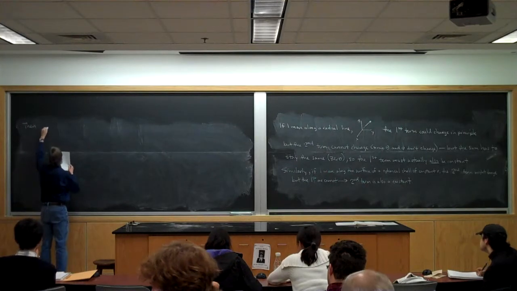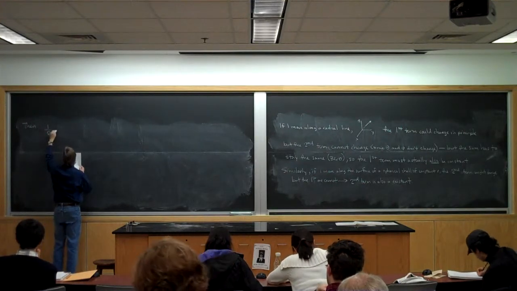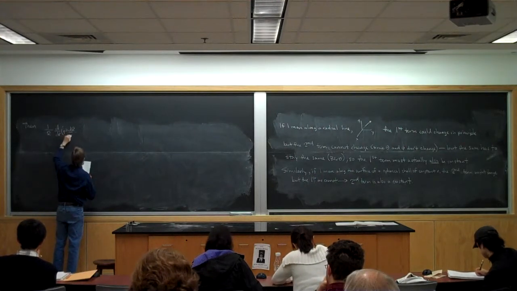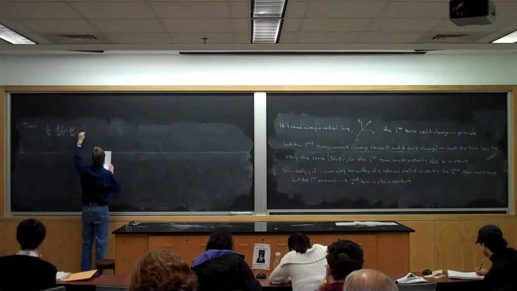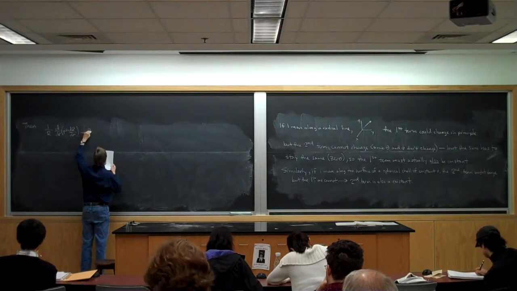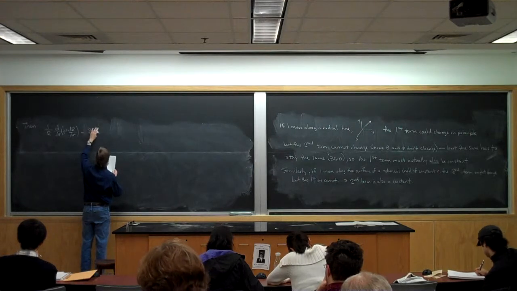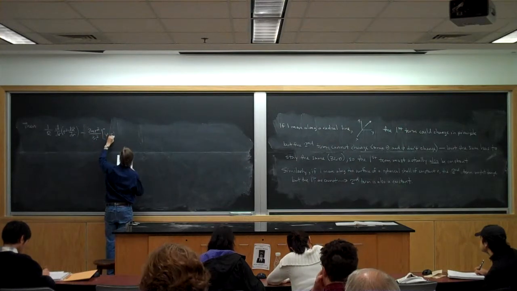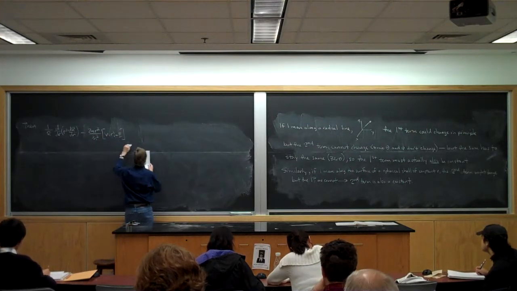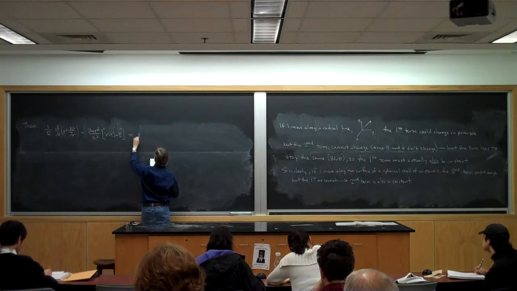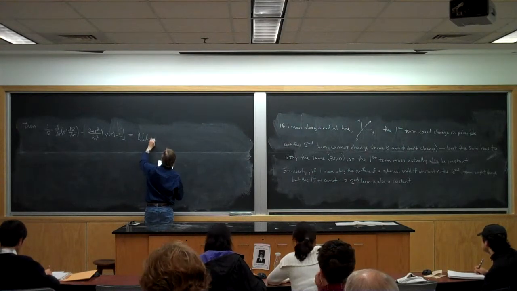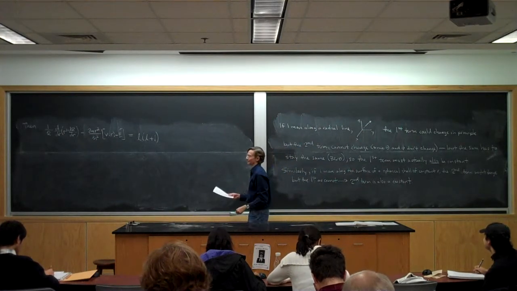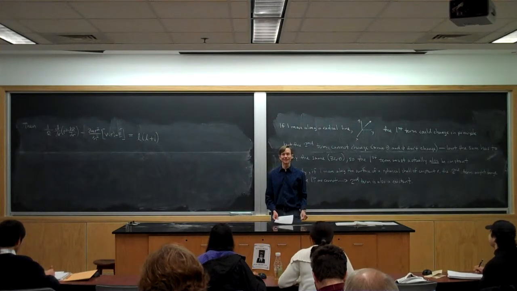So that says then that 1 over R d/dr of r squared dR/dr minus 2m r squared over h bar squared times (V(r) minus E) is equal to a constant, and naturally we're going to call that constant little l times (little l plus 1). You're like, what? Naturally, yes.